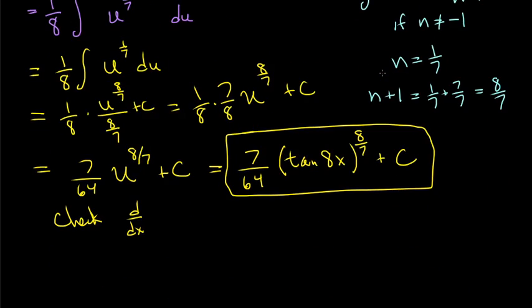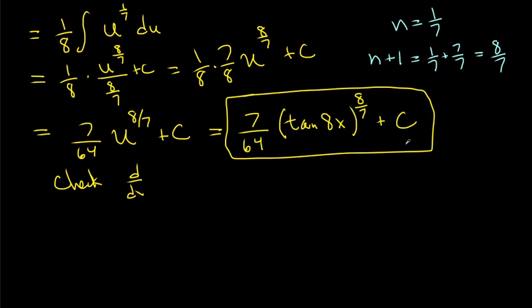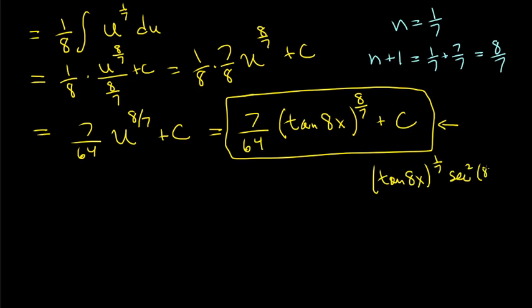Okay. In fact, I'll leave that as an exercise. So take the derivative of this thing that I put in the box here. And what you should get is tangent of 8x to the 1 over 7 times secant squared of 8x, which is the same thing as the 7th root of tangent of 8x times secant squared of 8x.